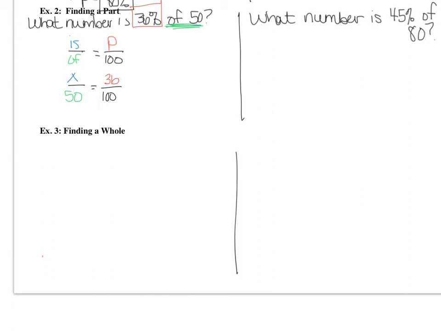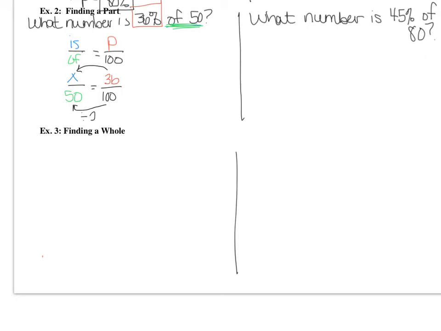Now I could do my cross products, or I can do mental math because 50 and 100 are compatible with each other. And when I work this way, I always want my arrows with my mental math to point towards the unknown. Normally, we would have done 50 times 2 is 100, but since we want to figure out what the x value is, I want that arrow to point there. So my mental math is 100 divided by what is 50?